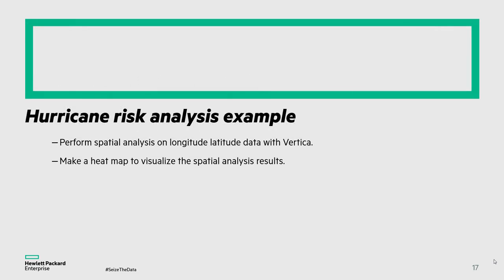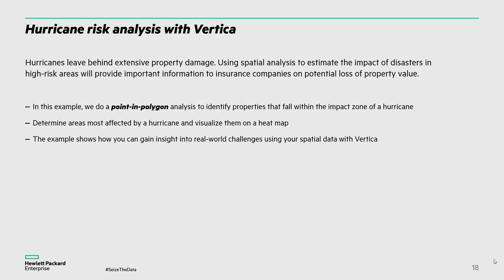Now I will show you a real-world use case. We will analyze the longitude and latitude data on hurricane polygons and also on property locations. We will create a heat map to visualize the analyzed result. In this example, we will do a point-in-polygon analysis to identify properties that fall within the impact zone of a hurricane.